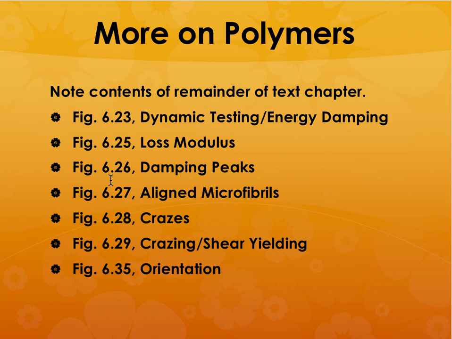There are several other factors regarding polymers. Please take a look at all these things. There are several figures related to all that. One thing to note is that many of these materials, especially if it is a very crystalline type of polymer, undergo what is called crazing.